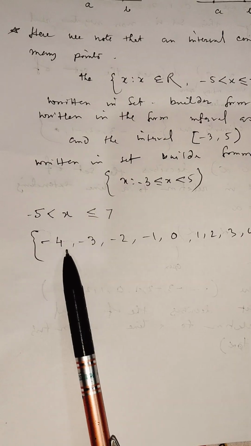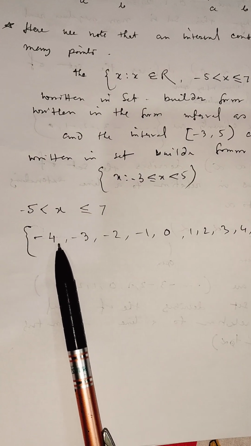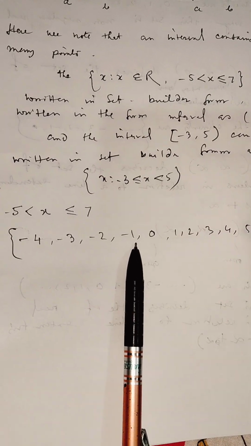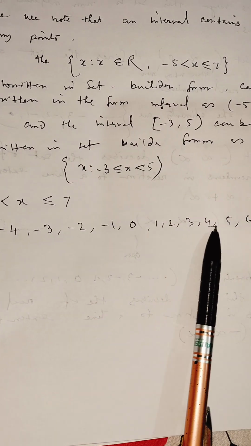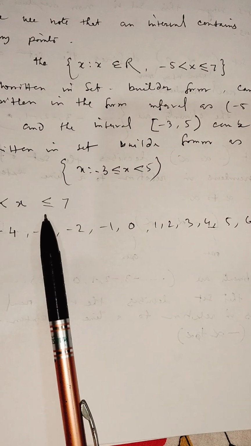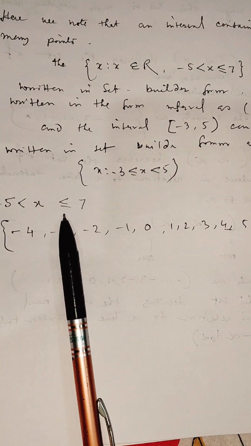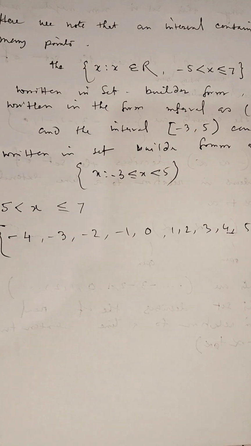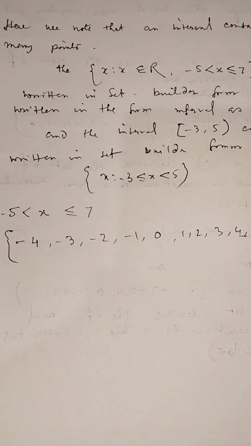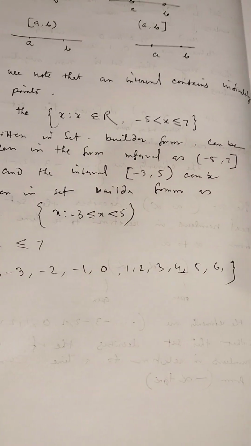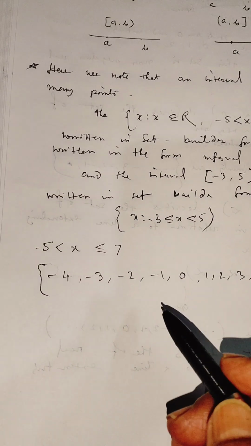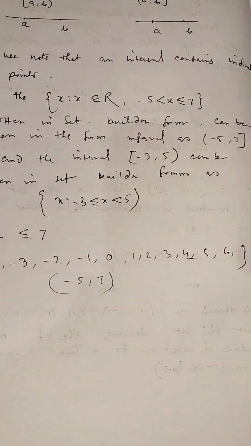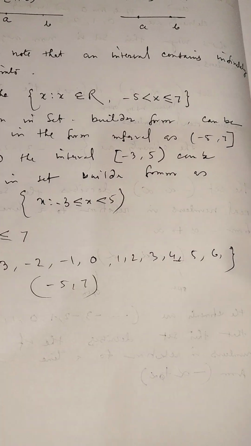So minus 4, minus 3, minus 2, minus 1, 0, 1, 2, 3, 4, 5, 6, and 7. So what is the interval? Can you say, my students, the interval is minus 5 to 7.